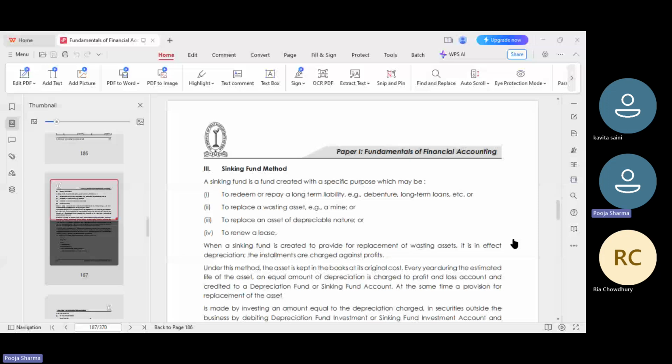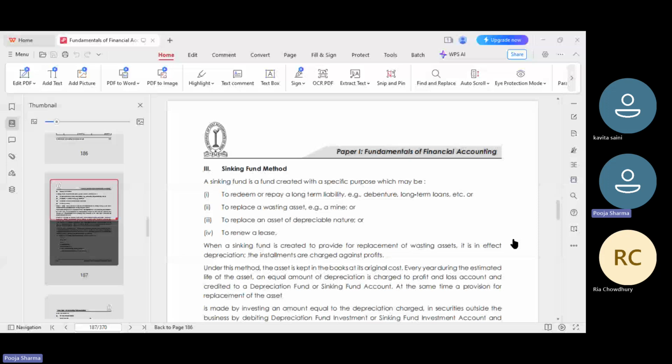Interest on investment is then transferred to the sinking fund because we are getting such interest from the sinking fund. So bank account debit to interest. Now interest on investment to sinking fund, and from the sinking fund to the bank account. It is annual contribution plus interest, the interest that we have earned.